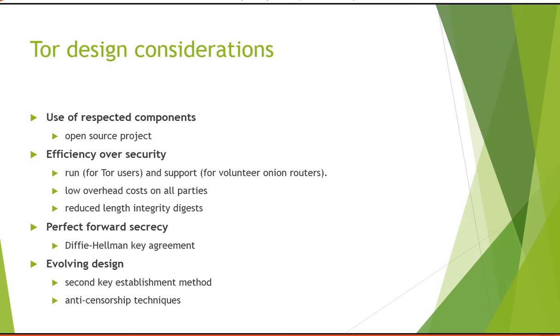For maintaining perfect forward secrecy, the Tor tool uses Diffie-Hellman key agreement. The fourth design consideration is evolving design. Between Alice and onion router 1, for example, they will transfer the session key. They have to establish a secure channel, then using the secure channel they will share their symmetric key first.